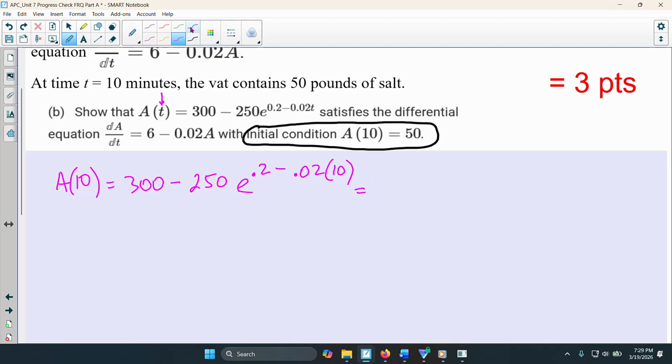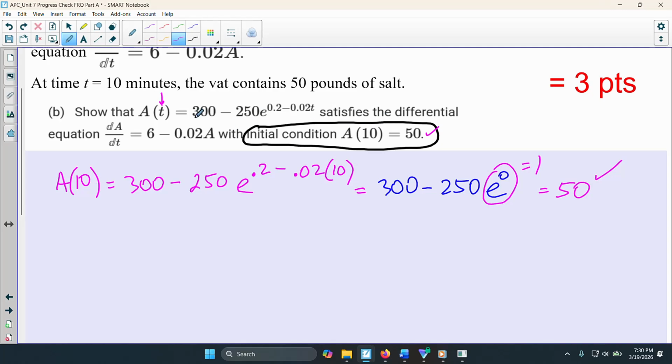This part is 0.2, so 0.2 minus 0.2. You can rewrite this as 300 minus 250 e to the 0. Well, this becomes simply 1. So this really is 300 minus 250, which is 50. And that's what we're getting. That's a verification of the initial condition.